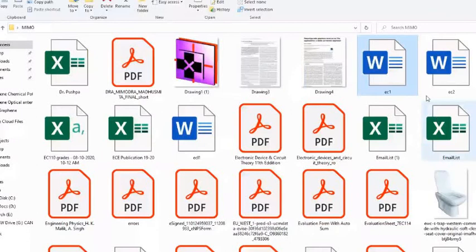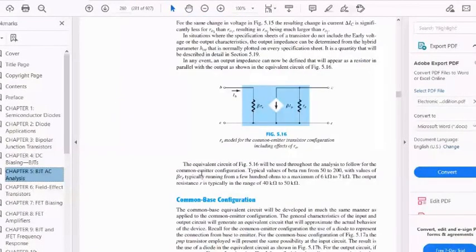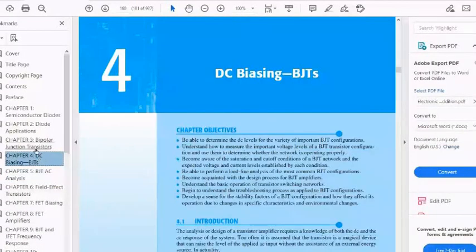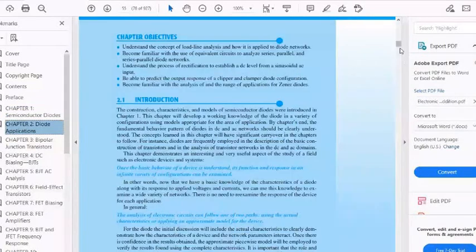And here, BJT DC analysis, chapter 3 and chapter 4. Fine. So the chapters' numericals you have solved, I think. Yes, sir. Chapter 2, 3 and 4. There are three chapters remaining.